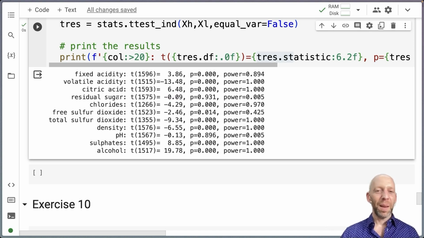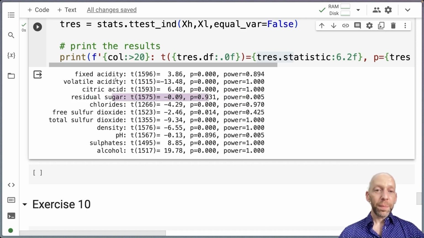But sometimes you have samples that are so big and the effect size is so tiny, t-value is just so close to 0, we can colloquially say that this is very strong evidence for the null hypothesis. Again, that's just a colloquial interpretation, but there's really no effect in this data set of residual sugar on ratings of wine quality. So that's why the power is so low, because there's really nothing here to find.